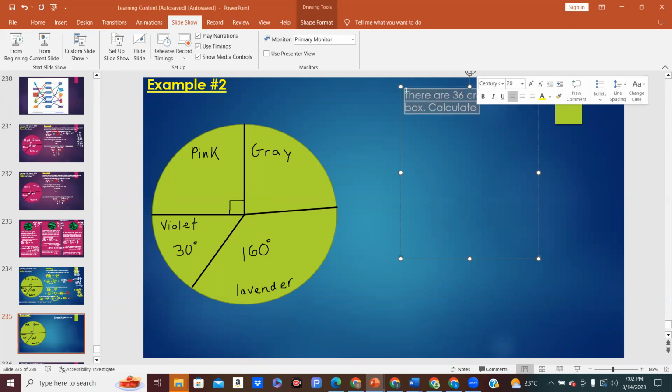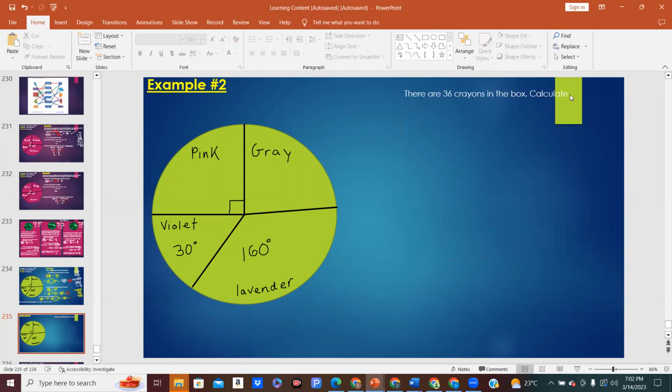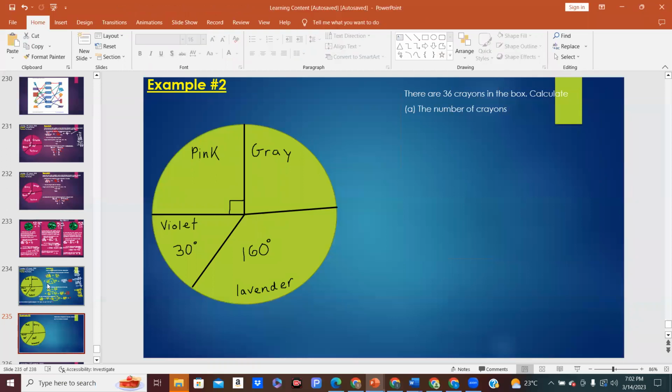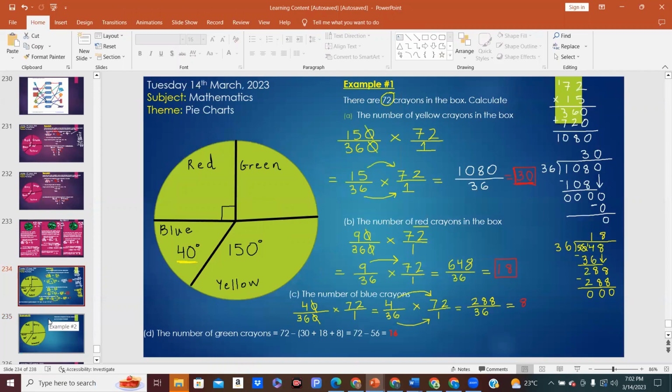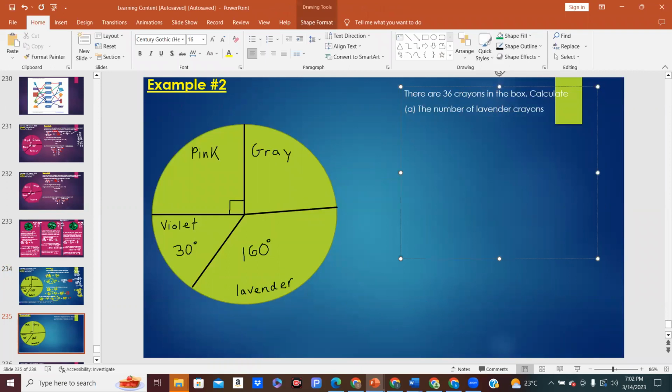So the first one says calculate the number of lavender crayons in the box.